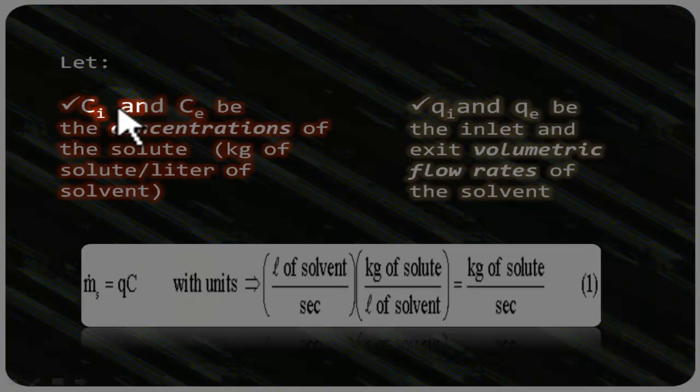Let Ci and Ce be the concentrations of the solute, in kilograms of solute per liter of the solvent. Here we denote I for inlet and E for exit. Next, we let Qi and Qe be the inlet and exit volumetric flow rates of the solvent. Thus, equation 1 gives the rate of the solute.